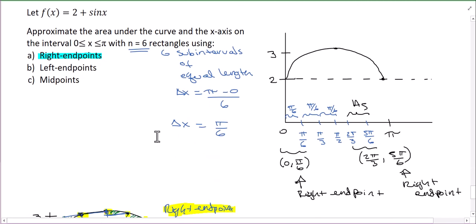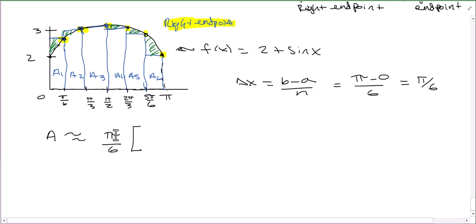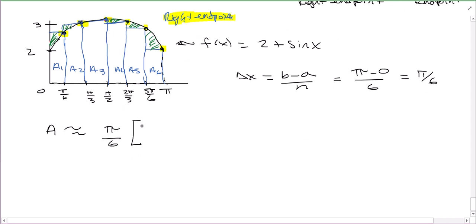And then we'll do it again for the left, and we'll do it again for the midpoint. So here we're going to have f of the first one. So our first endpoint will be the right endpoint, pi over 6. So it'll be f of pi over 6 plus then the next one, f of pi over 3 plus f of pi over 2. So all the ones where I have a highlight, those are my heights.